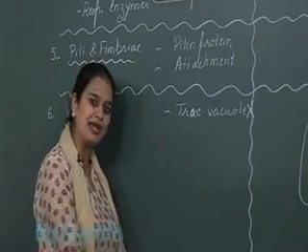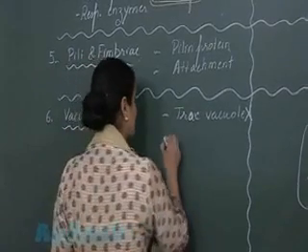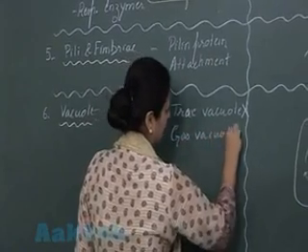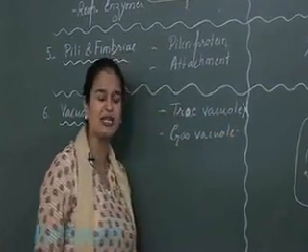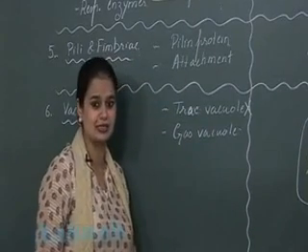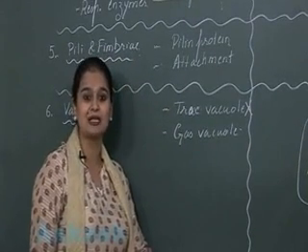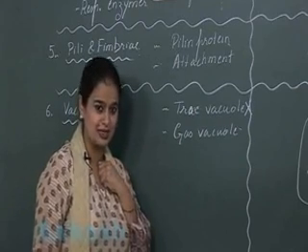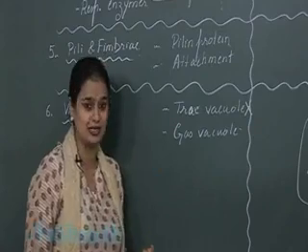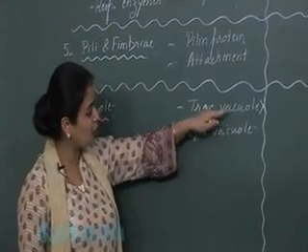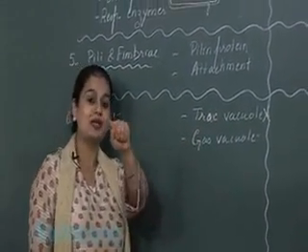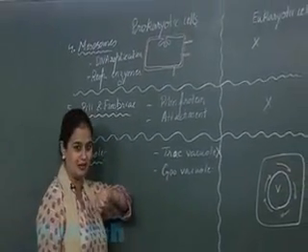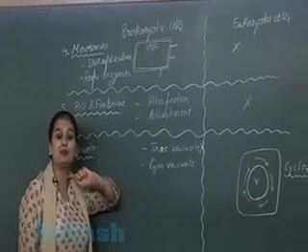There is presence of gas vacuole, a vacuole which is filled with gases, and the function of this gas vacuole is that it helps in the floating of the prokaryotic cells. Yes, it will provide buoyancy, but this gas vacuole is not known as a true vacuole because it is not surrounded by a true membrane.